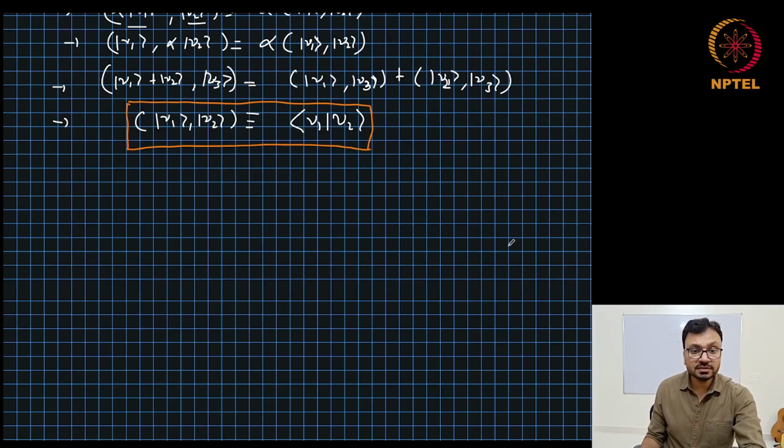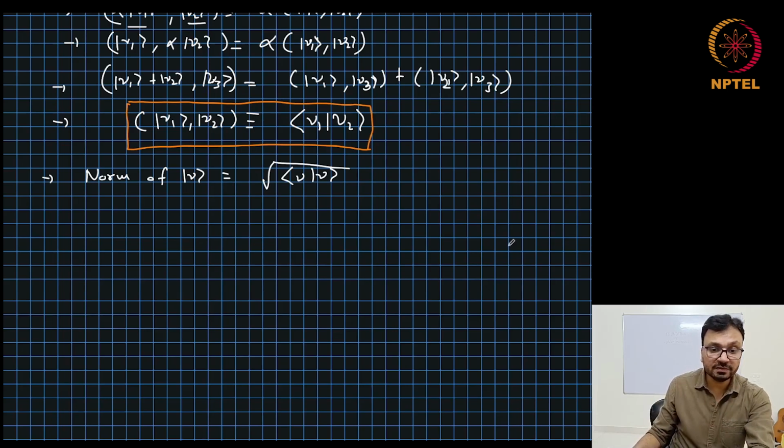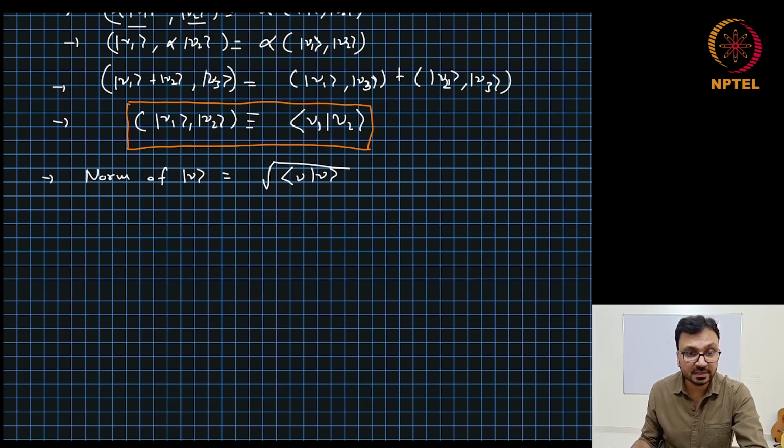Once the inner product is defined over a vector space, certain structures or definitions can be given. For example, we can define the norm of a vector, which is given by the square root of the inner product of the vector with itself. This is how we define the norm, which is basically the length of the vector in some metric.